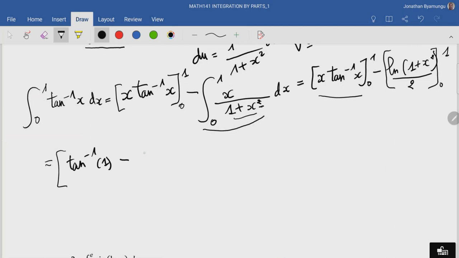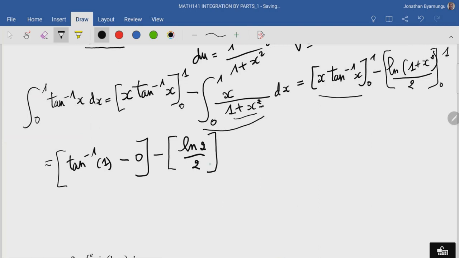minus 0 times tan inverse of 0, which will just be 0 there, minus ln, if we plug in the higher limit 1, we'll have ln of 2 over 2 minus ln of 1 over 2, which is 0.